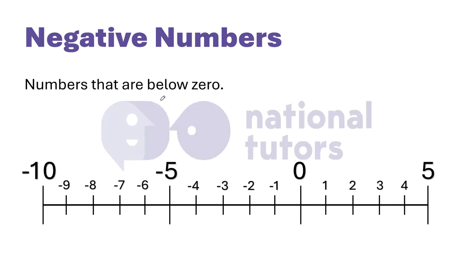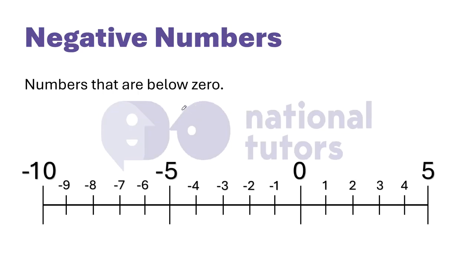Now, negatives can go as high as you like, really. We could have 13 take away 20. Now, the key to a question like this, you can work out how many it would take to get to 0.